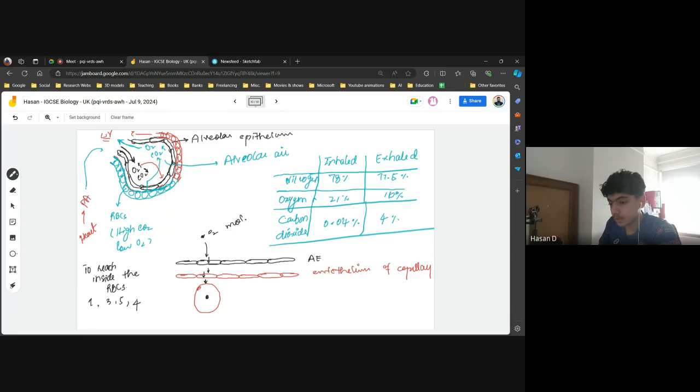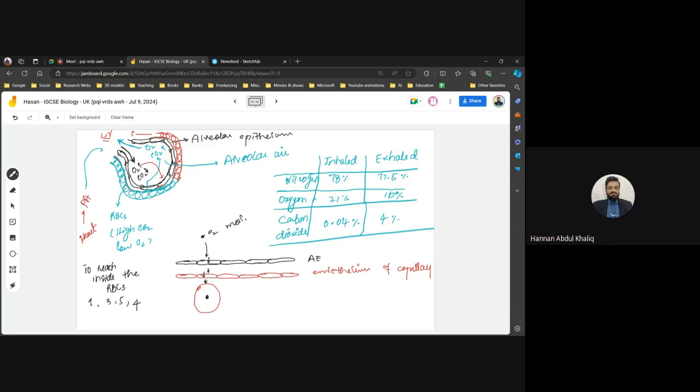Three times, right? No. The first time is this one. Second time it is this one. Third, this one. Fourth, this one. And fifth is this membrane. So it has to pass 5 times through the membranes to enter into the red blood cell.